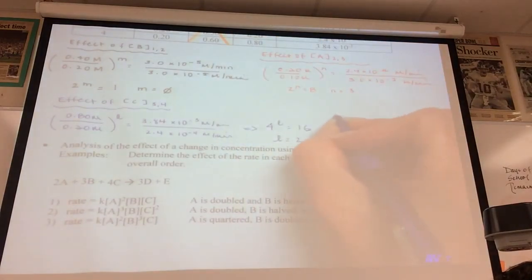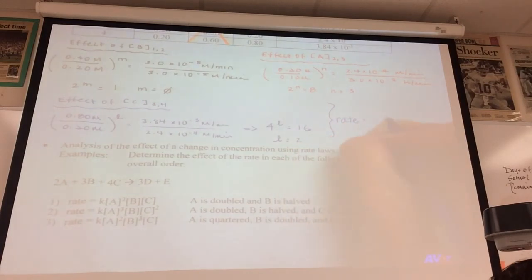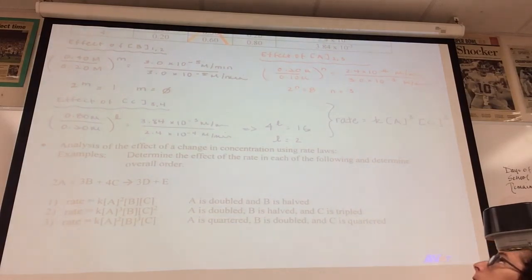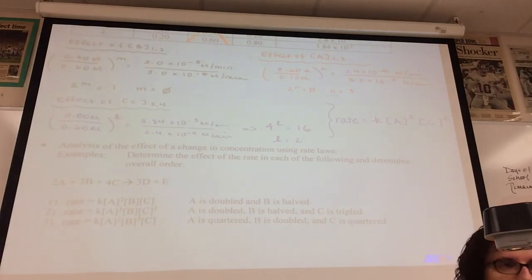And now I've got a rate law of rate is equal to K, A to the third, C to the second. Overall order there would be 3 plus 2 is 5. And that is how you write rate laws.